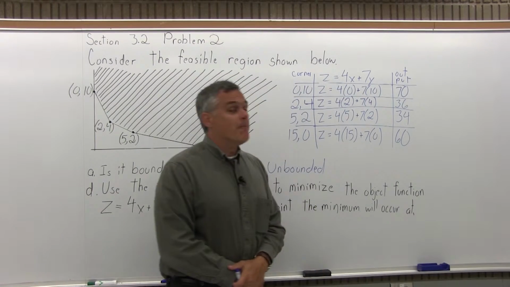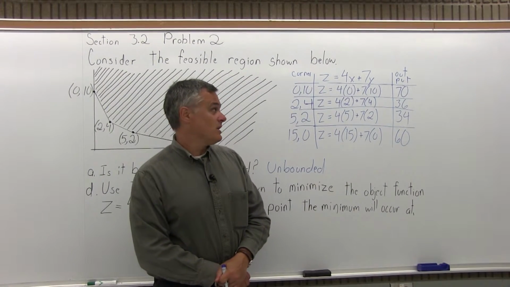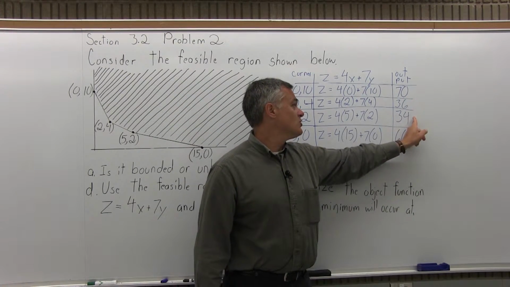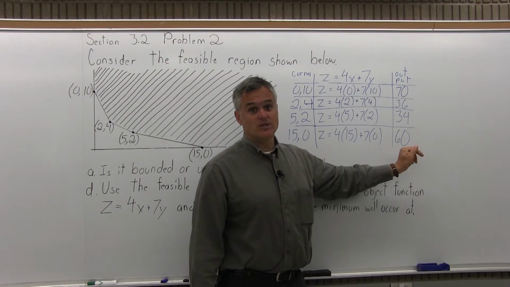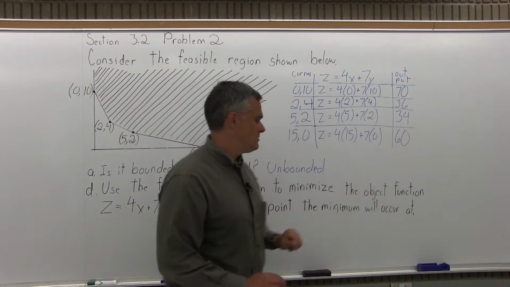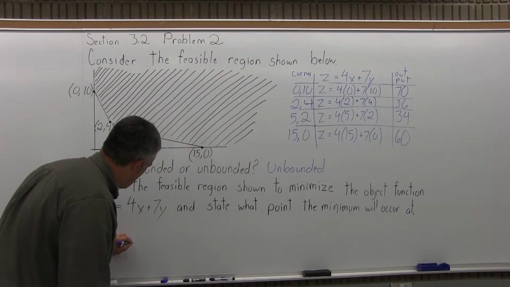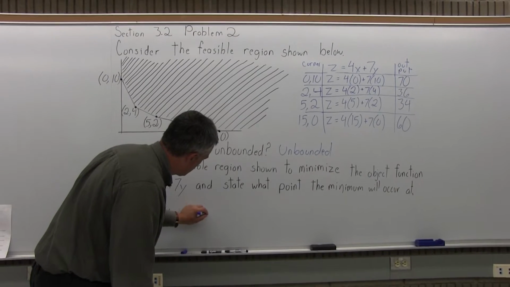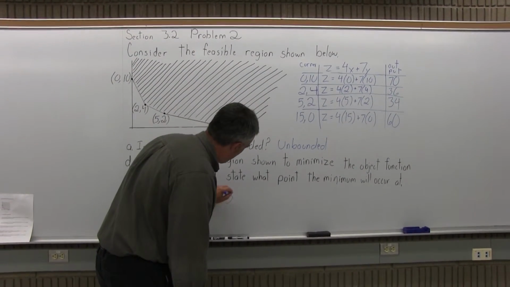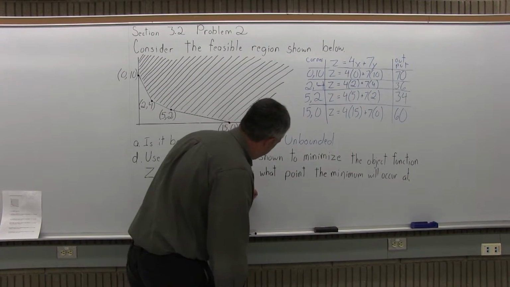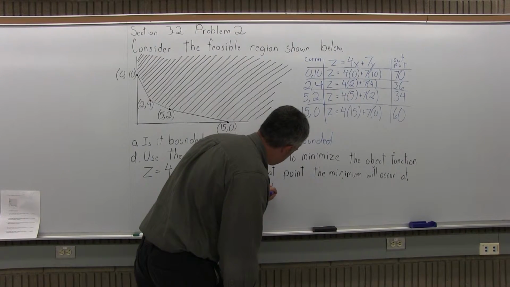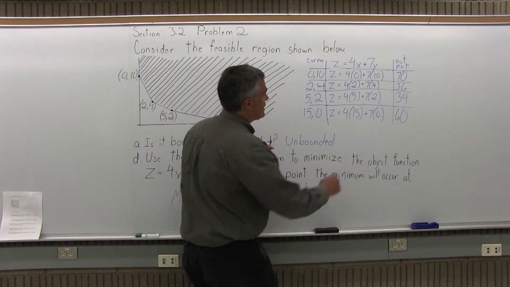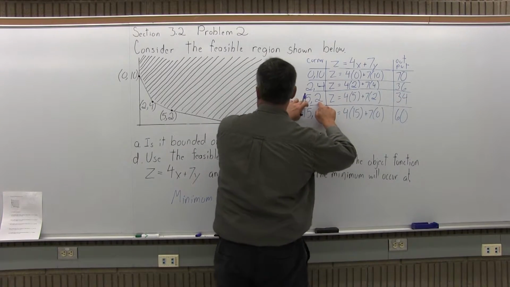And now again, we want the minimum output for this one. Our choices for minimum output are 70, 36, 34, or 60. Well, the smallest output is the 34. So for the answer, I will put minimum of 34, and then I'll put at the point... So that 34 came from the corner point 5, 2.